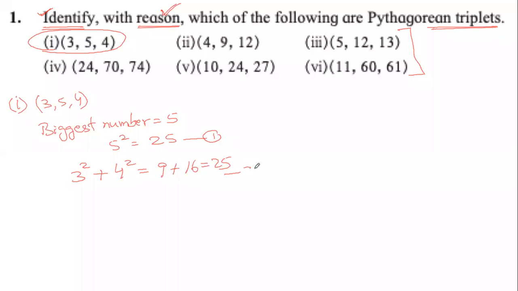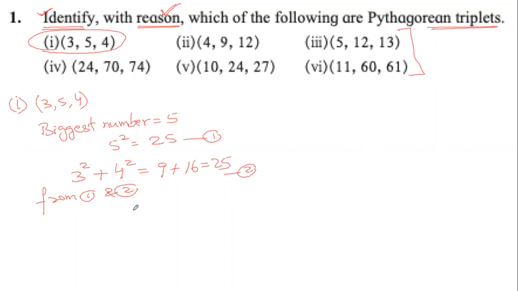This is number 2. Now, what we see from 1 and 2 is that both 5 square and 3 square plus 4 square are 25.